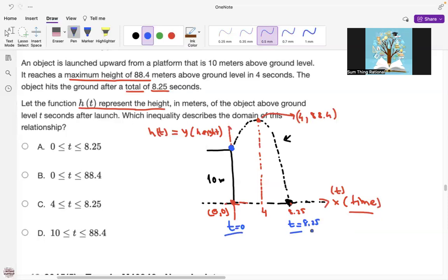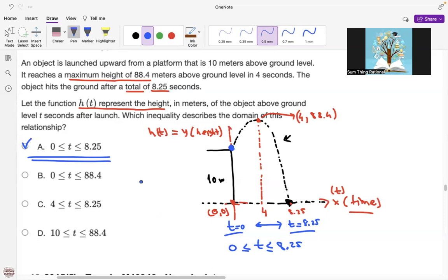Everything happened in between. So the domain is t from 0 to 8.25. There is no action after 8.25 seconds, and no action at less than 0, like at -1, -2. Because of that, the domain of this function should be from 0 to 8.25, which is option A.